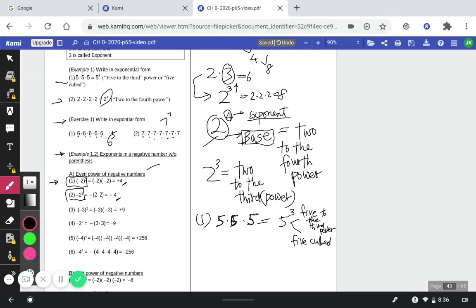But in number 1, you do not read this as negative 2 to the second power. Because of this symbol we call parentheses, whenever there is a parenthesis, you read it as quantity of.